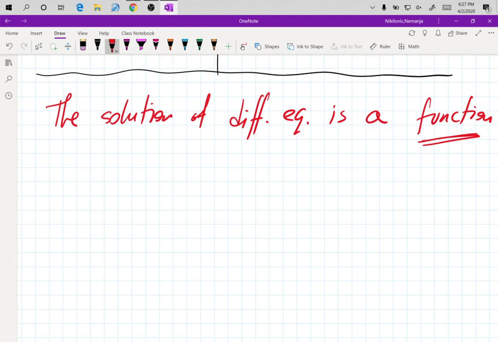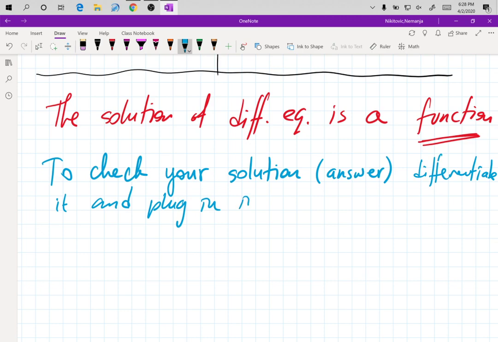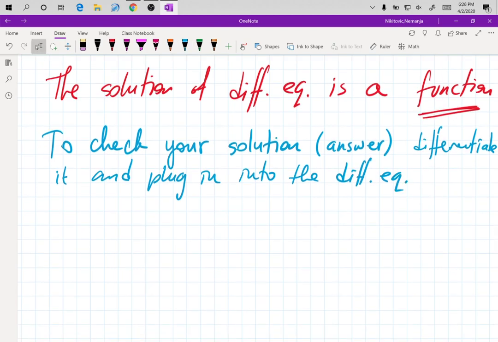And now we're going to write this. Let's go blue. To check your answer: differentiate it and plug it into the differential equation. Well, this is the same concept as for regular equations, right?